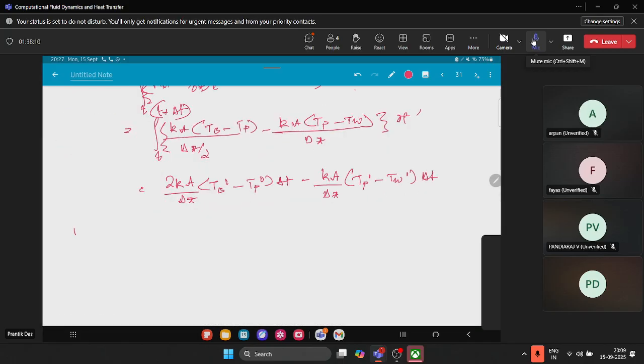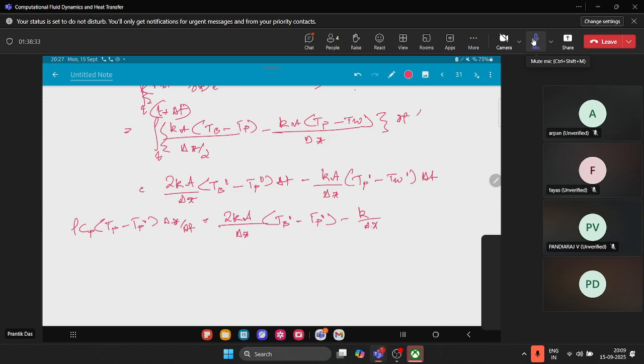So rho Cp (Tp minus Tp naught) delta x by delta t equals k by delta x (Te naught minus Tp naught) minus k by delta x (Tp naught minus Tw naught).